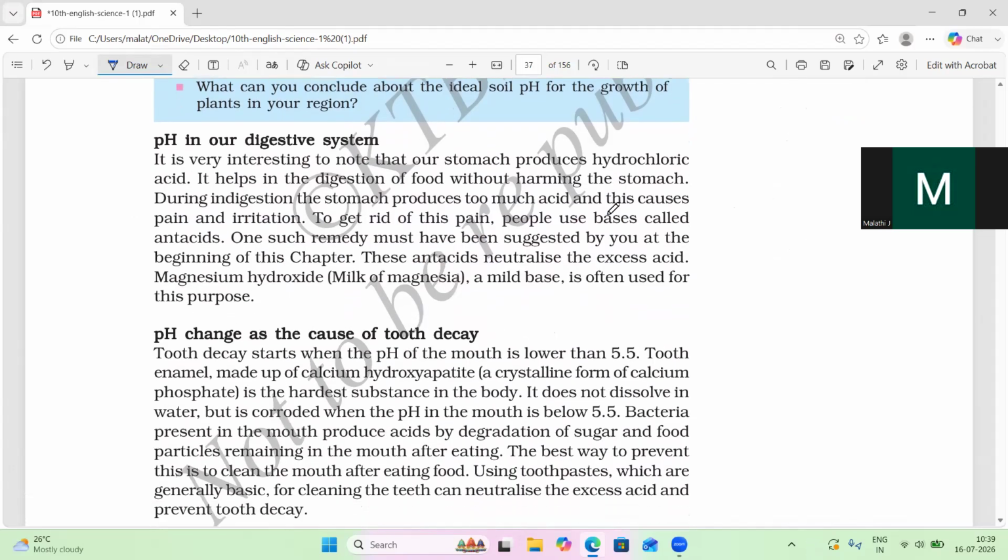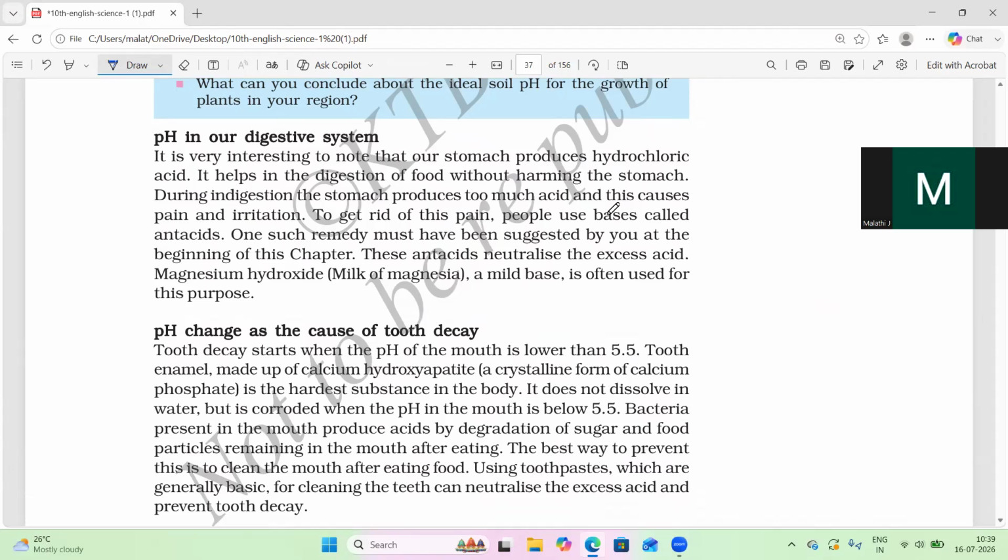Then pH in our digestive system. When we take food, it goes into the stomach and digestion starts. During digestion in the stomach, it releases acid, that is hydrochloric acid.